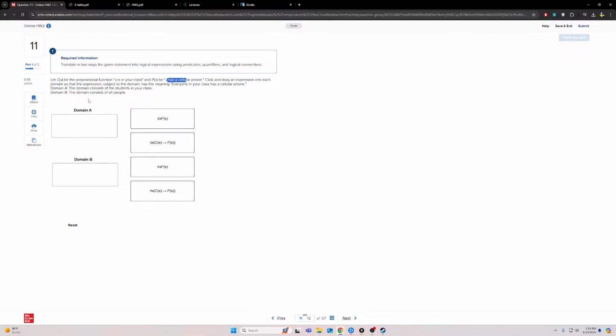Okay. So for this one, let's see, what is this one saying? Domain A, the domain consists of the students in your class. So domain consists of C. So C is always true.